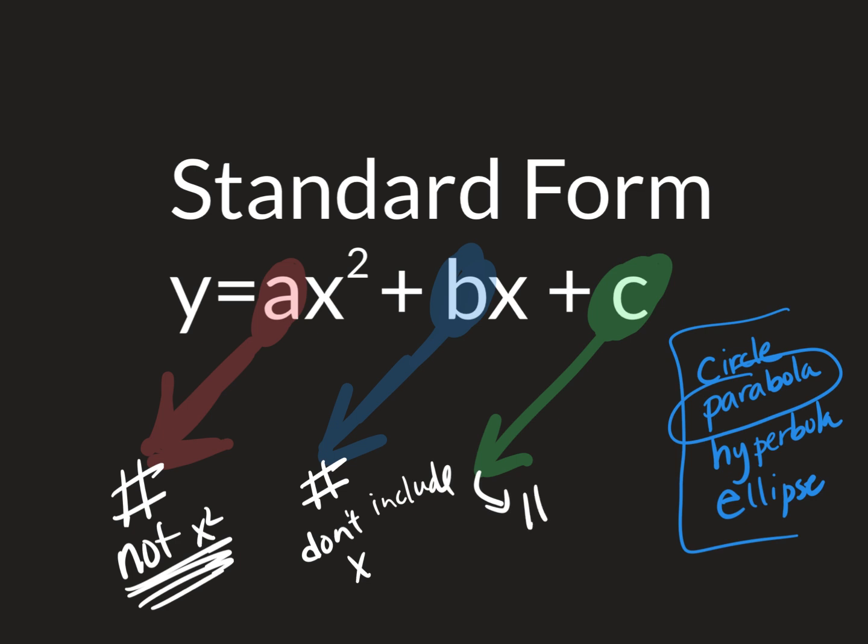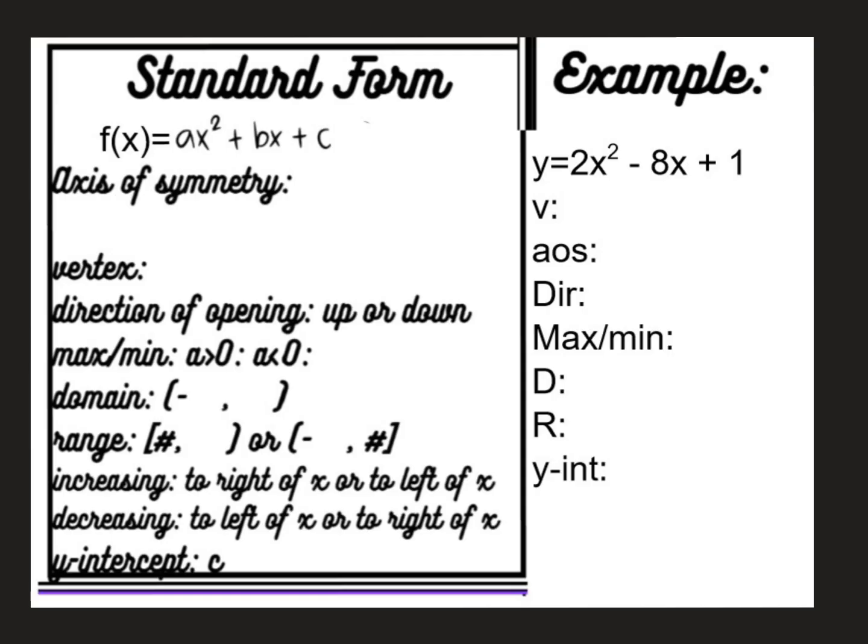And C is just a number, it will not have a variable. C is a constant. A constant doesn't vary, so it doesn't have a variable. So remember that. Standard form does not include the variables when you're naming A, B, and C. Okay, let's go on to the next.